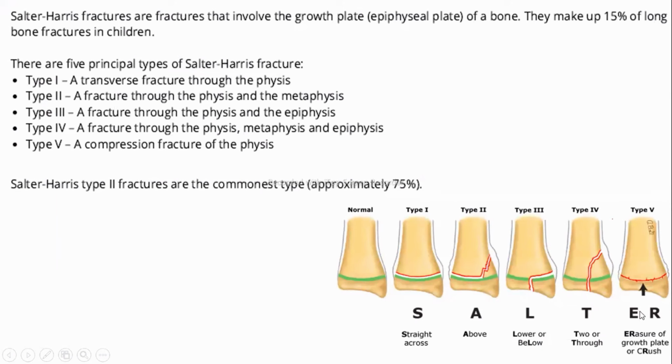That's why they call it Salter-Harris. If you find T, or through, it means all layers, above and lower, type 4. And if the X-ray is not obvious in the exam, which type? Type 5. Clear?